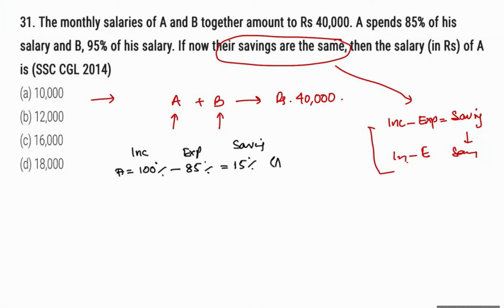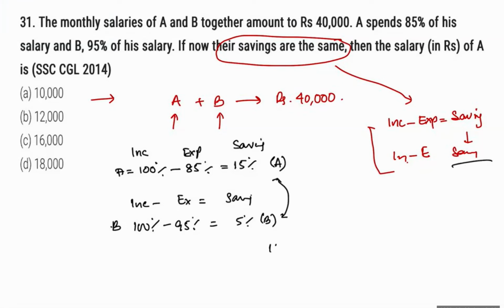Saving of A and B. B's income minus B's expenditure is B's saving. Take B's income as 100%, B spends 95% and saves 5%. The question gives the savings of both as equal. 15% of A is equal to 5% of B saving.